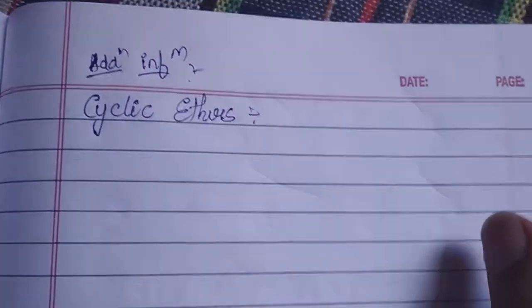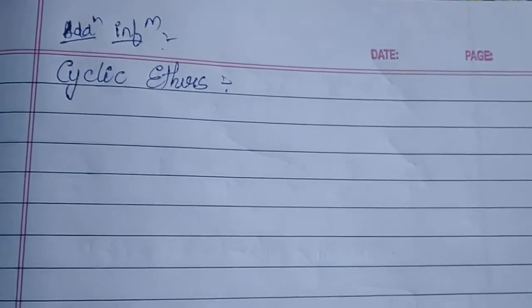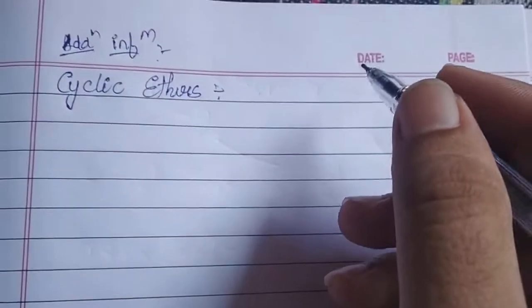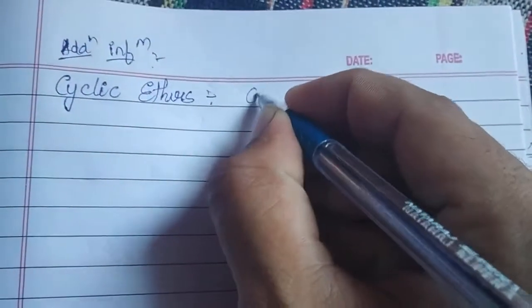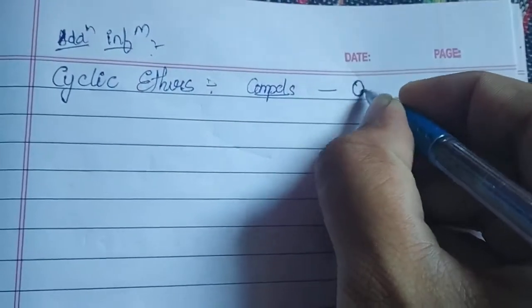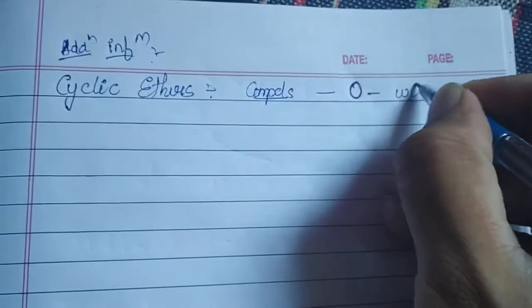Guys, when we talk about cyclic ethers, first we have to understand what we mean by cyclic ethers. Basically, cyclic ethers are compounds in which oxygen is a part of the ring.